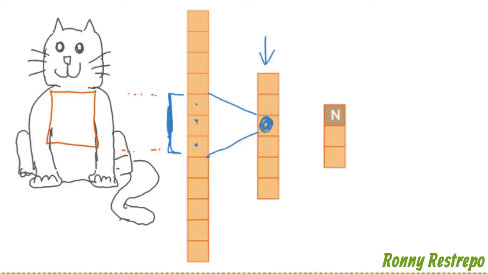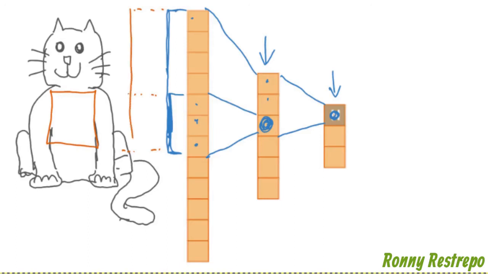Now, given that context there, it may not be enough information for us to be able to determine what is actually going on there. That could belong to a cat, it could belong to a dog, or some other furry animal. However, as we travel even further along, for instance to this layer here, and look at this node here, then this node here will be able to see what's going on in these nodes there, and these nodes in turn will be able to see what's going on in this region of the image. So that might be able to cover a square region that looks something like this.